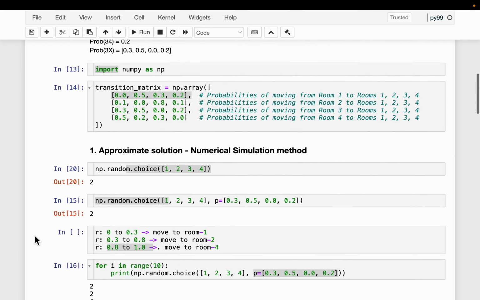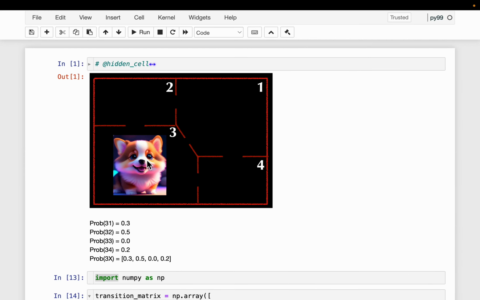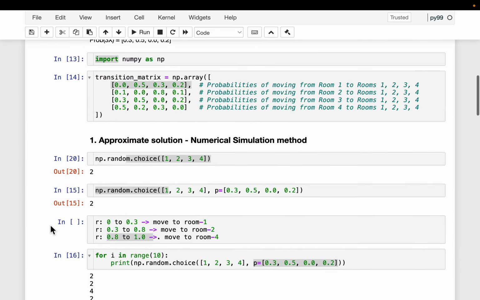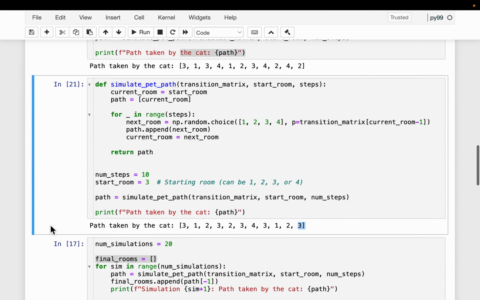We can never say that it will be in room number 1 or room number 2. What we can say is, there is a 70% chance that it will be in room number 1 after 10 steps, a 30% chance it will be in room number 2, and no chance it will be in room number 4. So we can answer this puzzle in terms of probabilities only. That's what we are going to do.